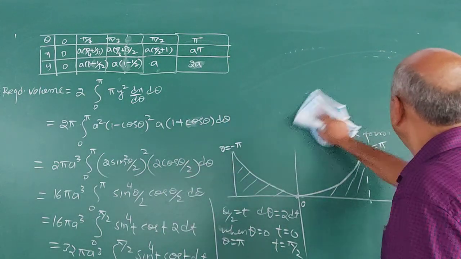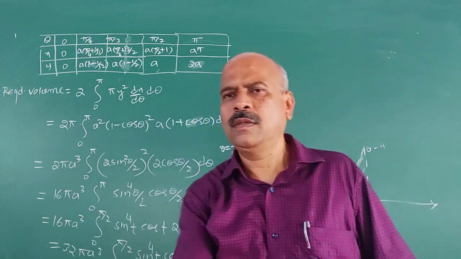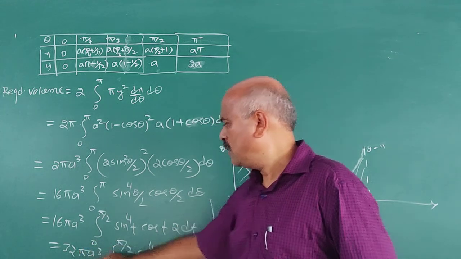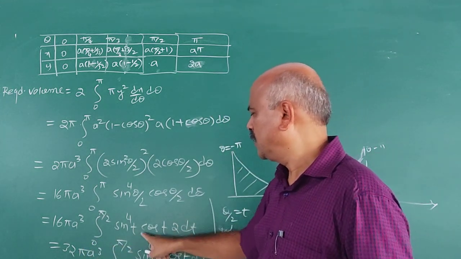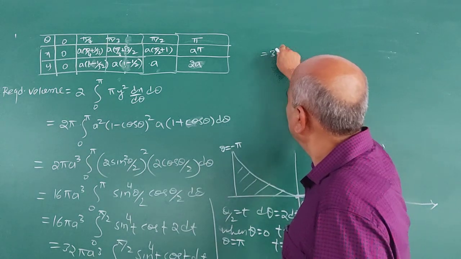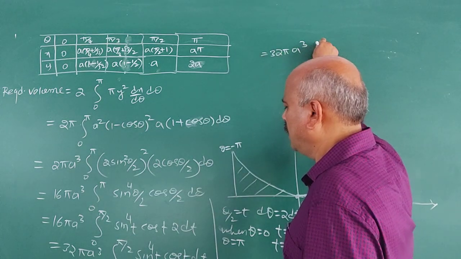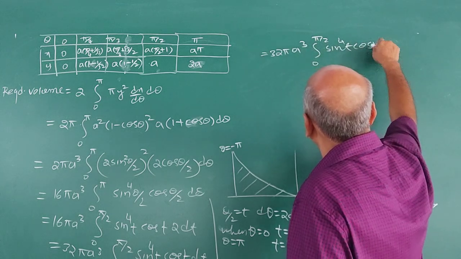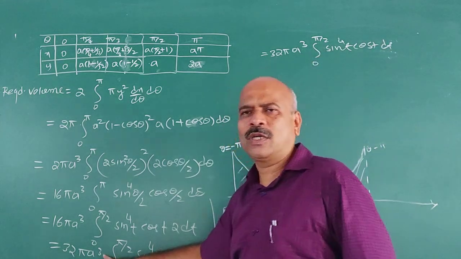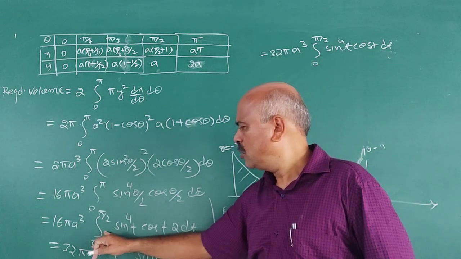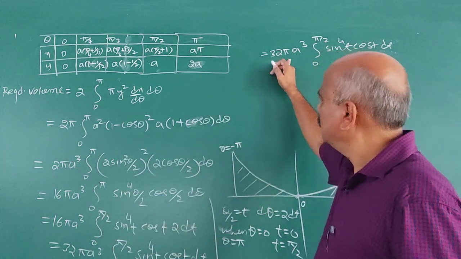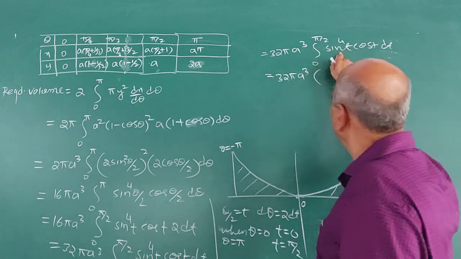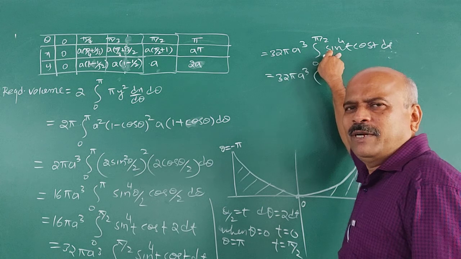Simplify and see what the answer is. 16 into 2 is 32, so 32 pi a cube, integral 0 to pi by 2 sin t raised to 4 cos t dt. This step was not clear, so I have written it again. How do you integrate it? You may use the reduction formula, but that is not required.